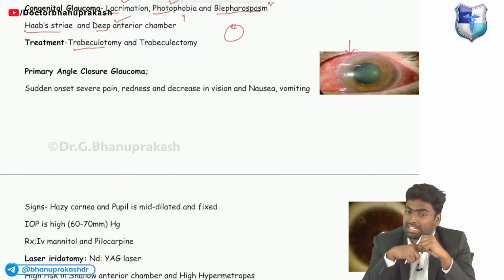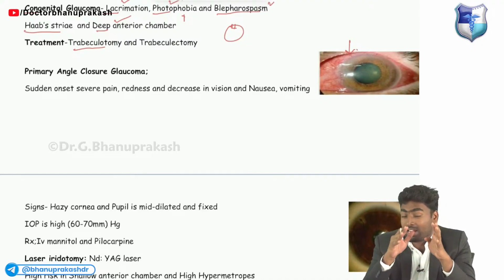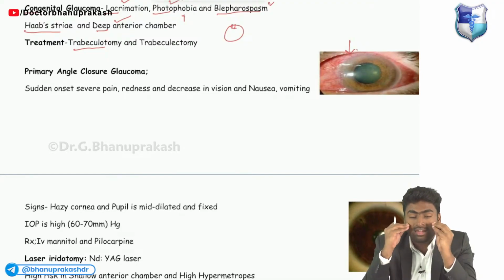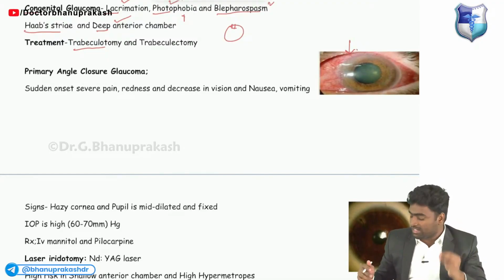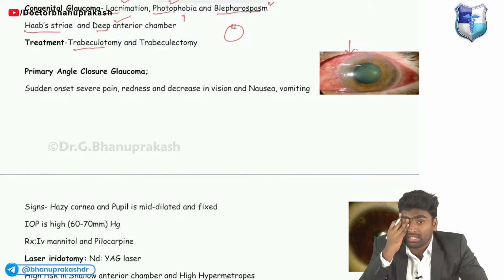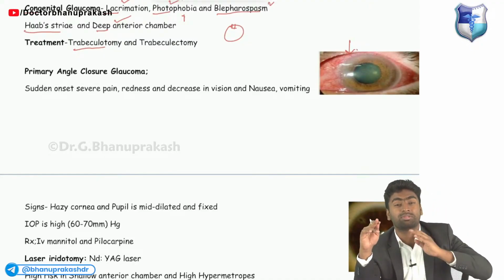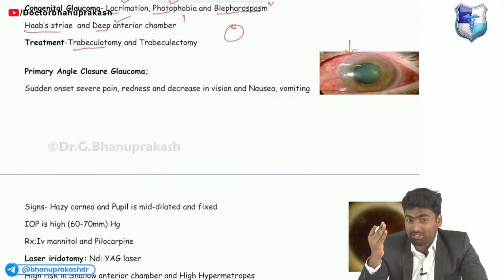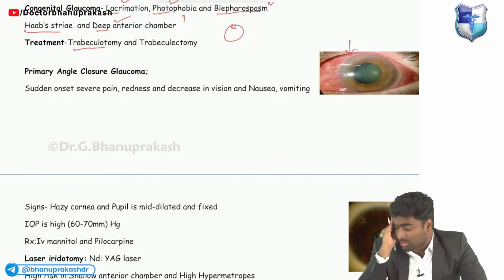Once the angle closes, the pressure inside the eye suddenly increases. This sudden increase in pressure leads to pain in the eye. There will be gastrointestinal symptoms like vomiting and nausea associated with this condition, which is known as acute angle closure glaucoma.